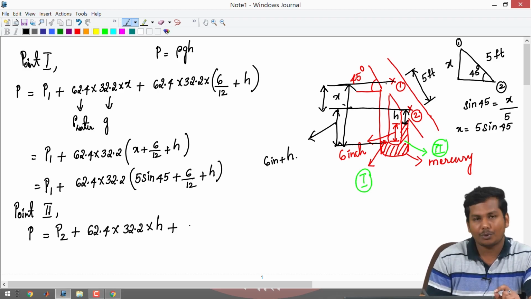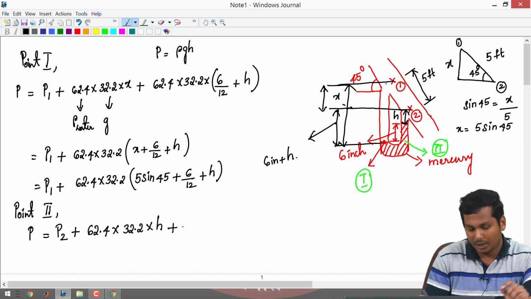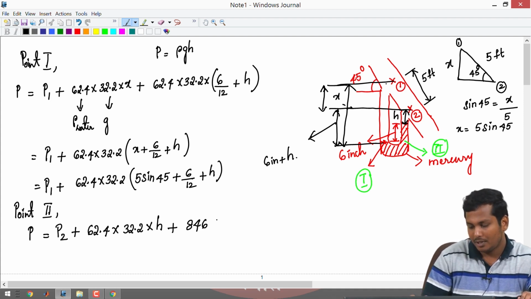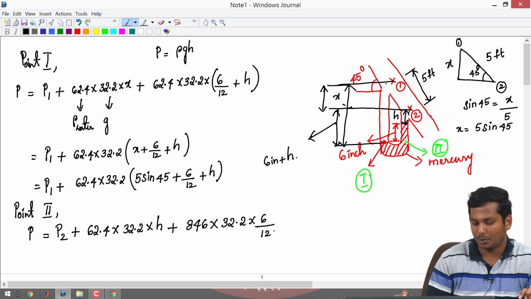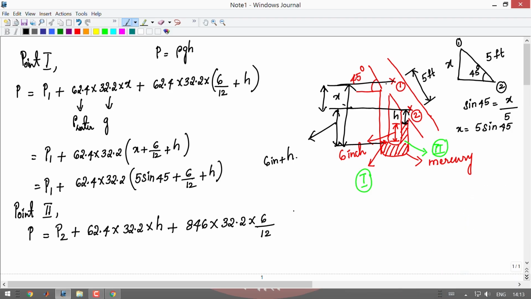For that we need to use the properties of the mercury, which is the density. So, the density of mercury is 846 times 32.2, the acceleration due to gravity, times 6 inch. The height is 6 inch, which is converted to feet, and that is 6 by 12. So, this is the pressure at point 2.